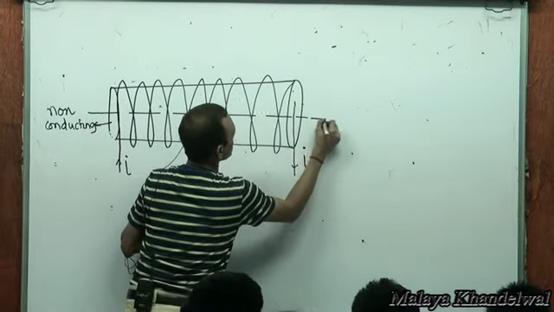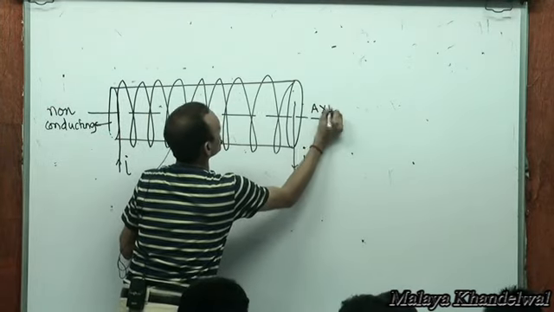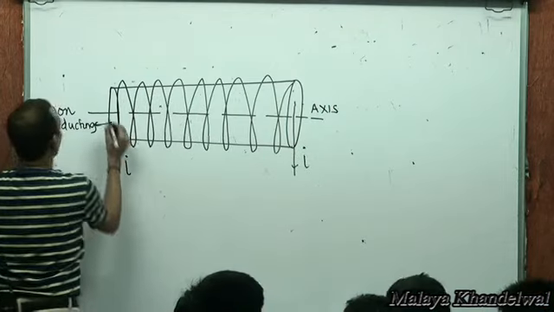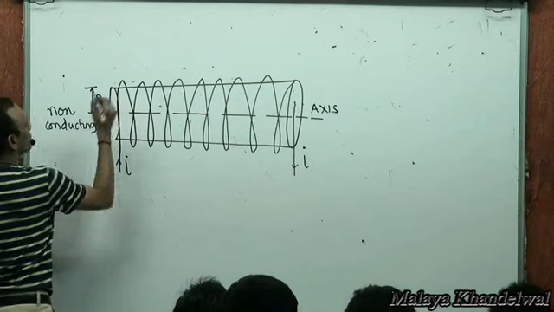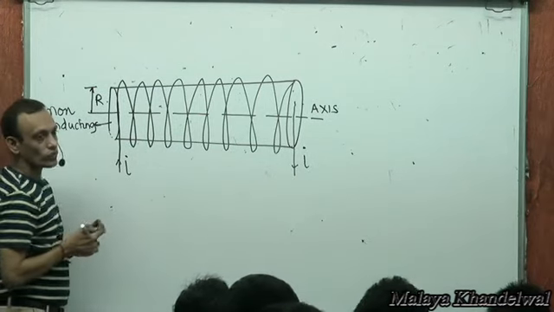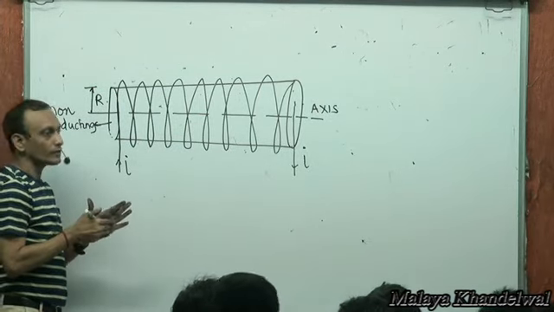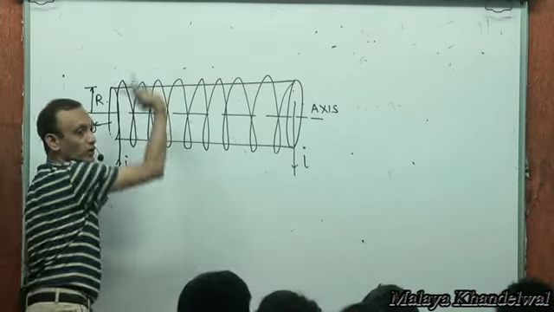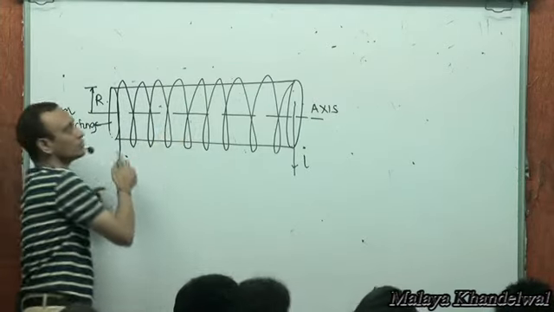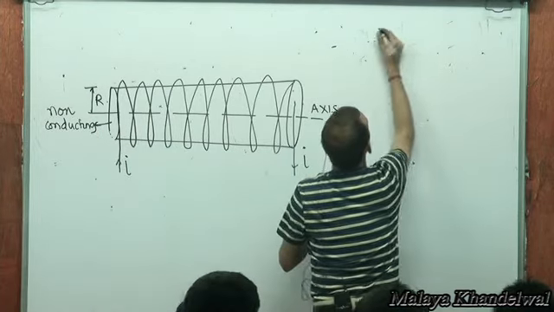This is the axis of the cylinder. R is the radius of the cylinder. And say the number of turns of this coil per unit length that you encounter is small n.